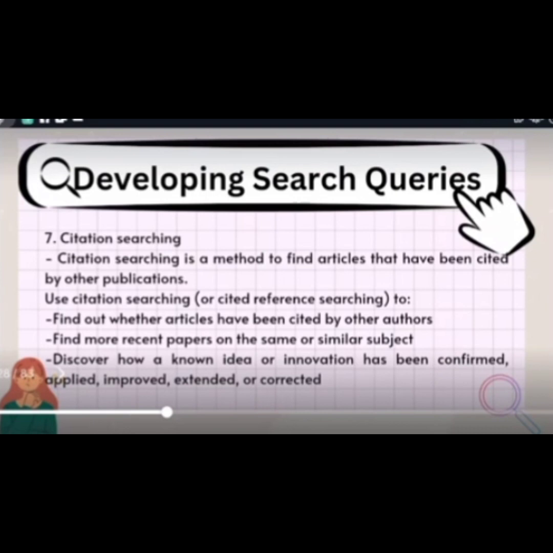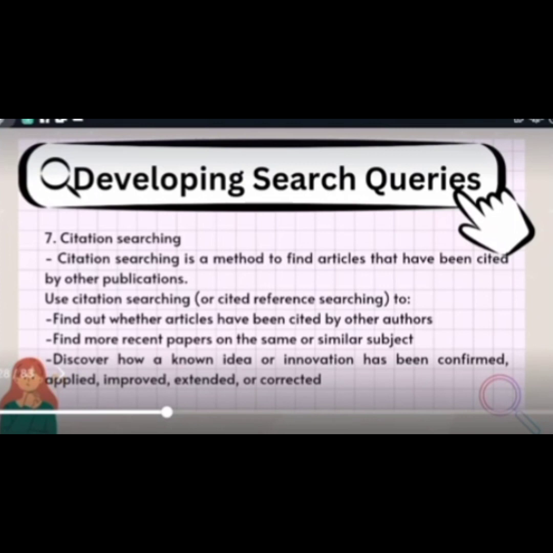Using citation searching, it will lead you to find out whether articles have been cited by other authors, or to find more recent papers on the same or similar subject or related information. You can also discover how a known idea or innovation has been confirmed, applied, improved, extended, or corrected.